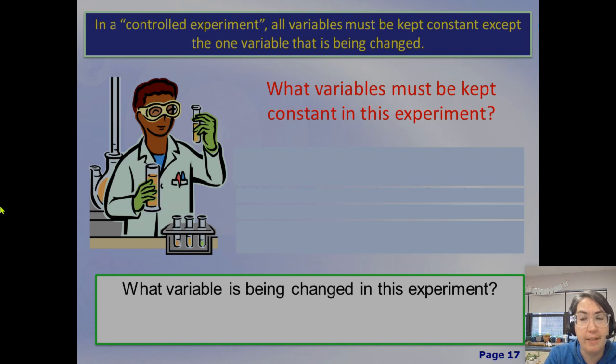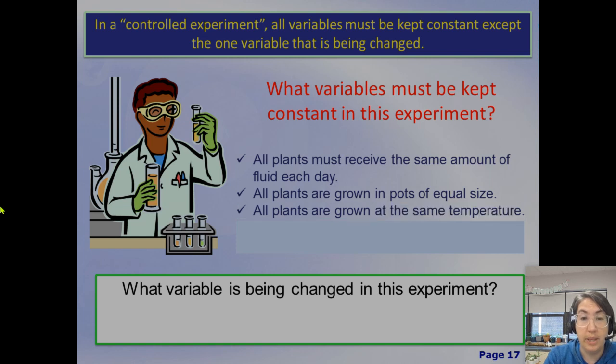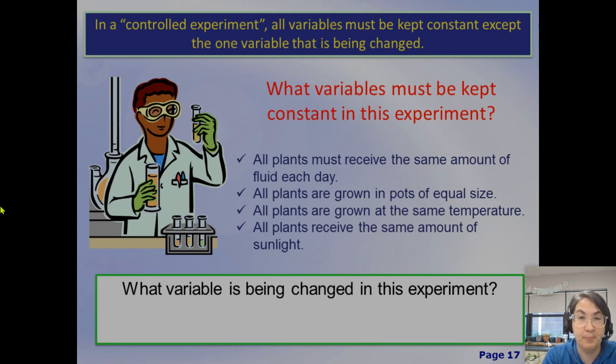So what do I have to keep constant in this experiment? All plants have to receive the same amount of fluid each day. All plants should be grown in pots of equal size. All plants are grown at the same temperature. All plants receive the same amount of sunlight.